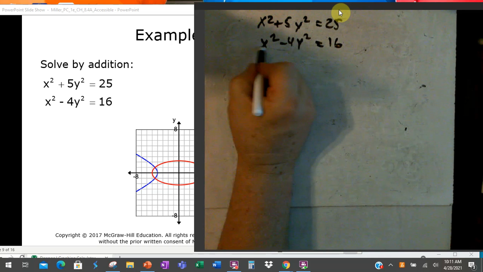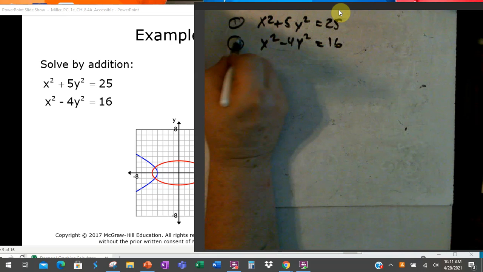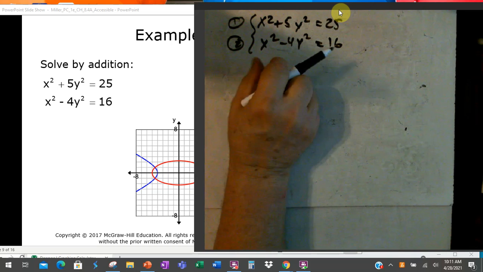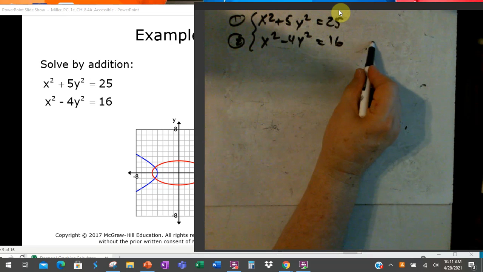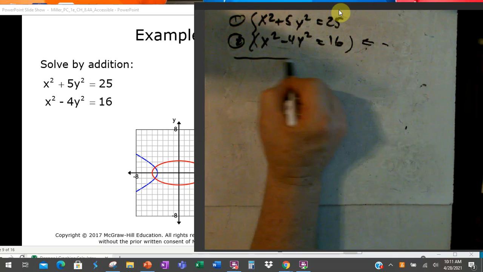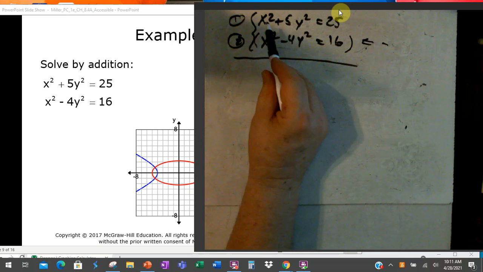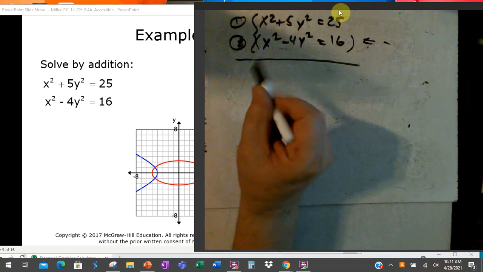But here, if I subtract, here's my 1, here's my 2, this kind of locks these things as I solve this as a system. I'm going to subtract this, okay? So x squared minus x squared gives me 0x squared.